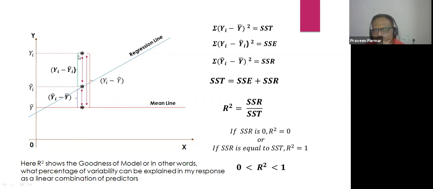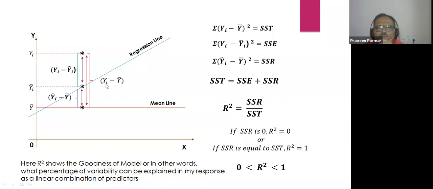I have explained this earlier, actual and predicted. And this, between the mean and the y, is the total. So SST, if you take the square of yi minus y bar, is the sum of square of total: sigma yi minus y bar square.